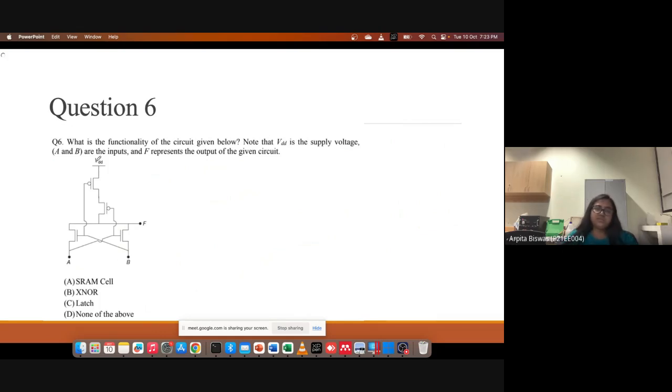So what is the right answer? What is the functionality of the circuit given below? Note that VDD is the supply voltage, A and B are the inputs, and F represents the output of the given circuit.